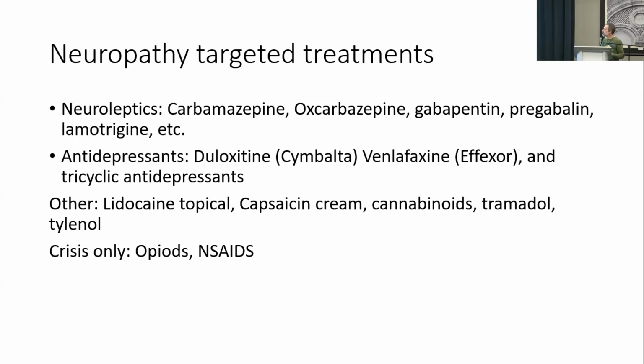That said, we do have medications that have been looked at, and the neuroleptics are drugs that were invented as seizure medicines. Now, seizures are caused by your nerve cells firing when they're not supposed to.